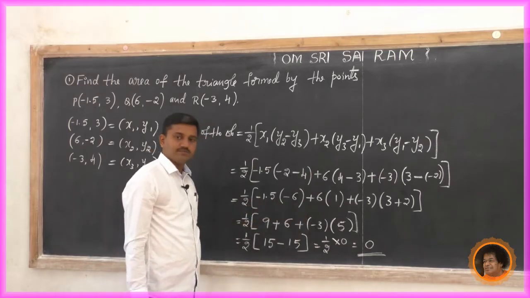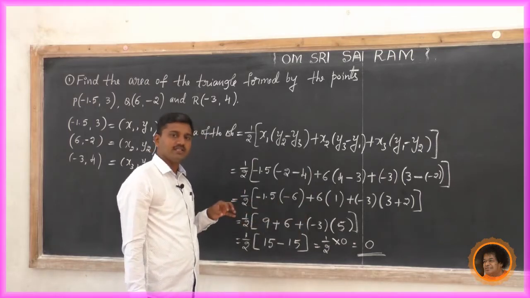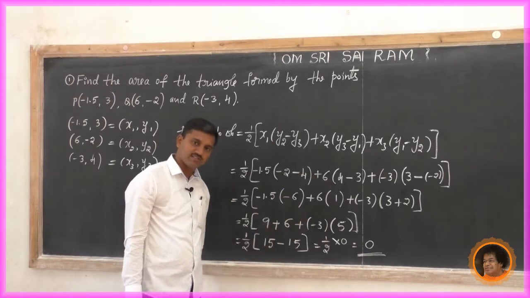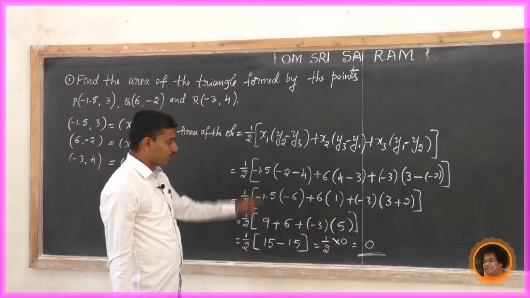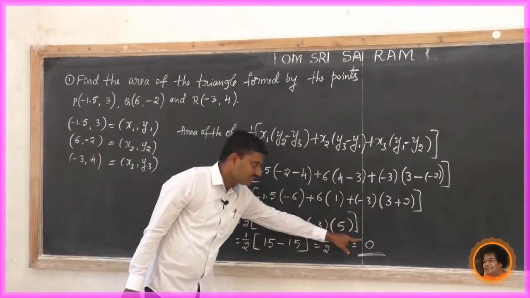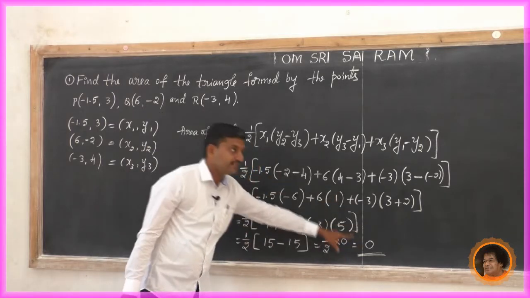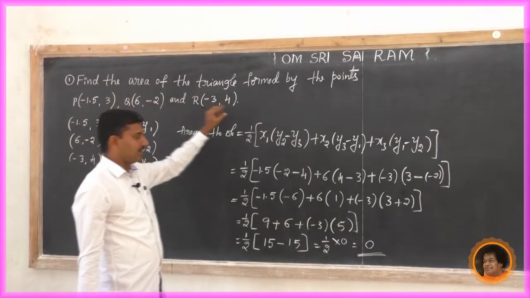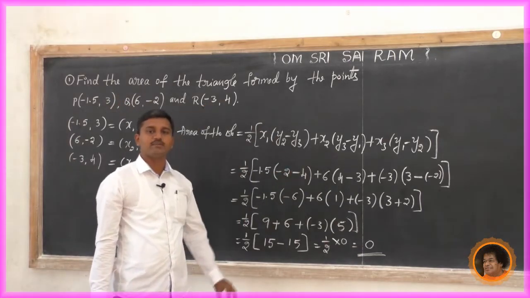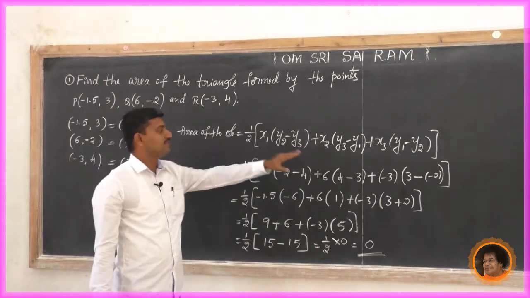What does this mean? Is it possible for the area of a triangle to be 0 square units? No. If the area of the triangle is 0 square units, then the vertices of the triangle are collinear. Collinear means they lie on the same straight line.